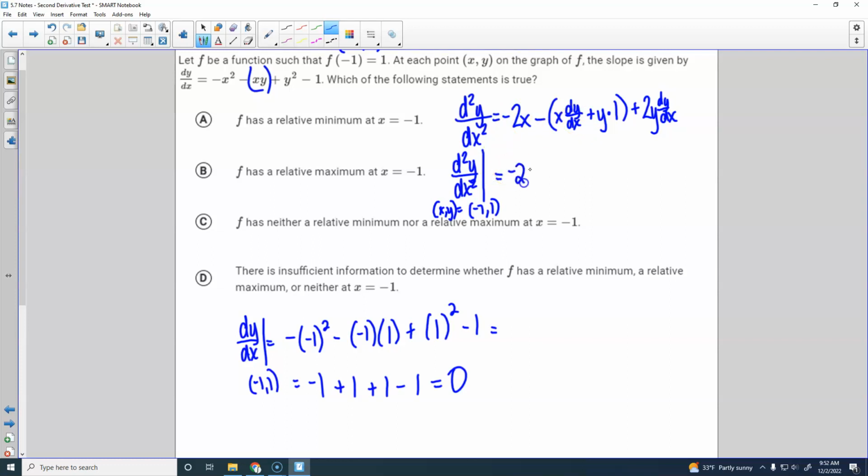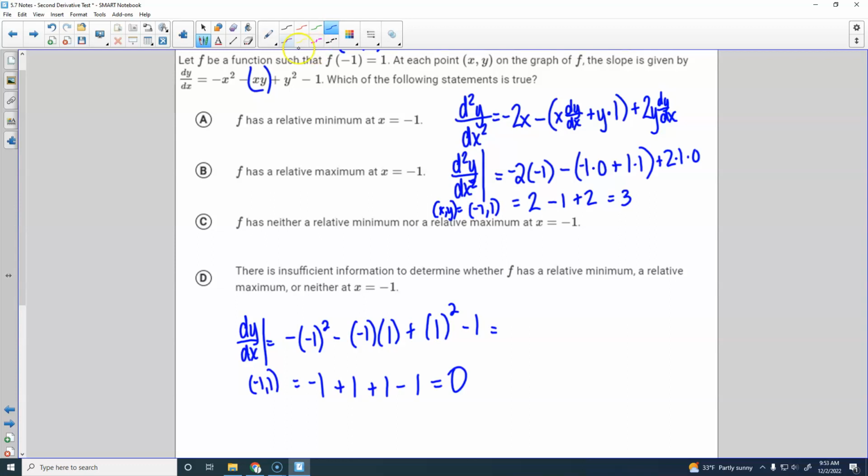So we'll have -2 times -1 times 0 plus 1 times 1 plus 2 times 1 times 0. So that'll give us +2 minus 1 plus 2, and we will get 3.